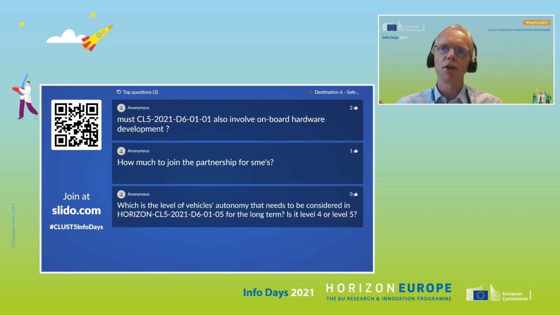There are different rates for different types of participants, but since we are not directly involved in the management of the CCAM association, I can guess that the contribution for the SMEs is relatively small, a few hundreds of euros or maybe up to 1,000 euros per year. I think that is more or less the range of fees that you have to pay for the annual fee for joining the partnership. But I can also give you further information on that.